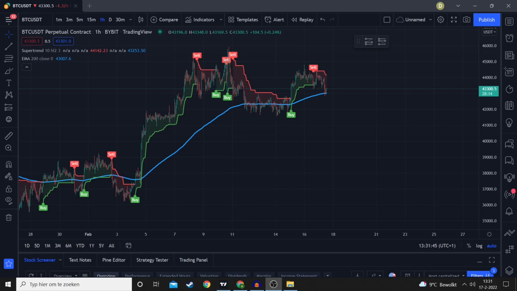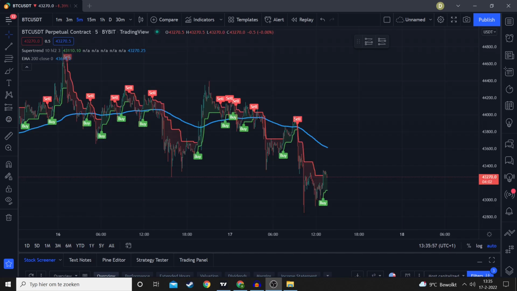So now let's explain how this indicator works and how you can use it in the best way to trade and have the best win rate. The Supertrend indicator will be really helpful to you because it both shows you the direction of the trend and also when you should open the trade. Another nice feature of the Supertrend indicator is the ATR.